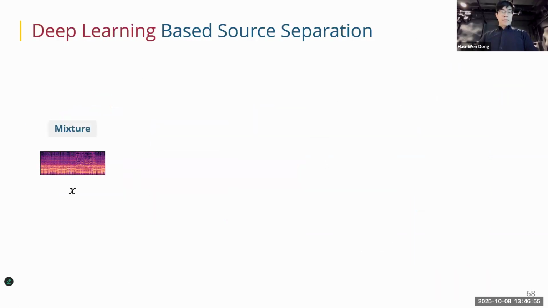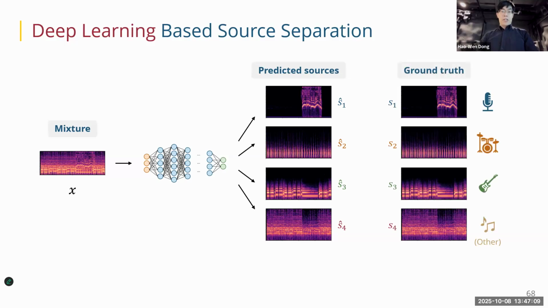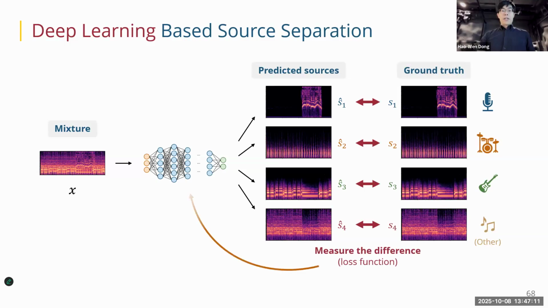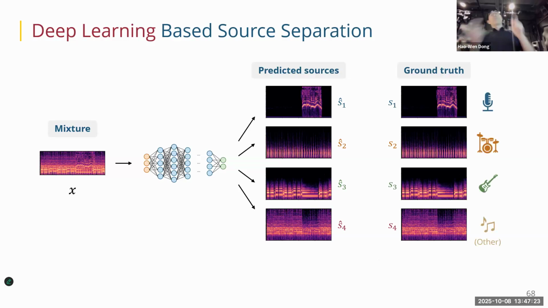Cool. So today we are going to talk about deep learning based source separation. They will require some convolutional neural networks, and that's why we need to look into that before we start. But the core idea is that there will be some fancy neural network that will output the different spectrograms, and our goal is to compare that with the ground truth.